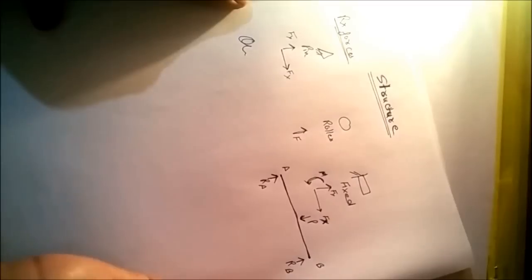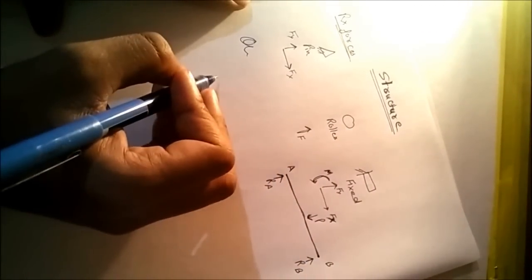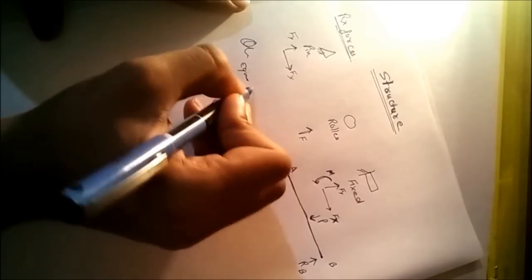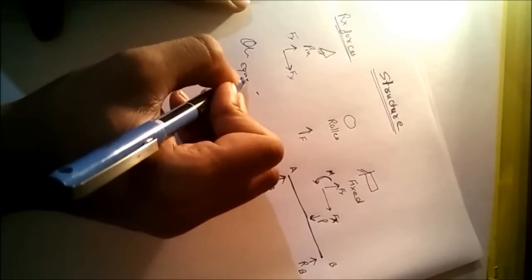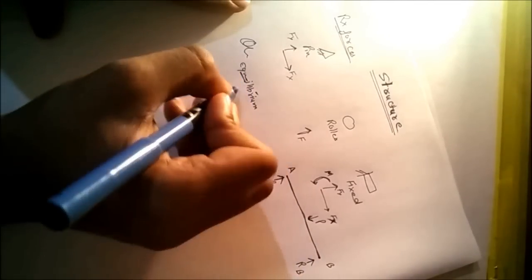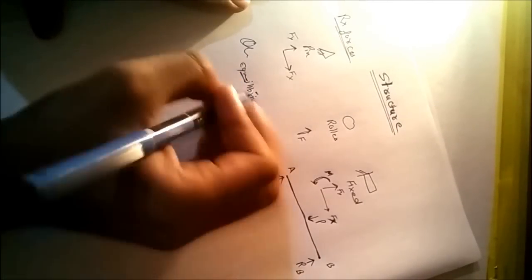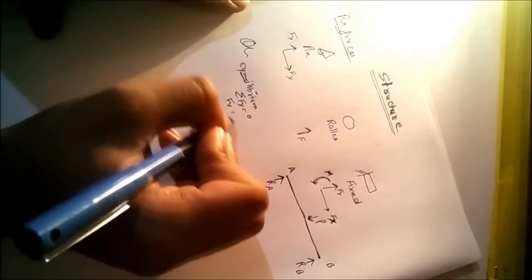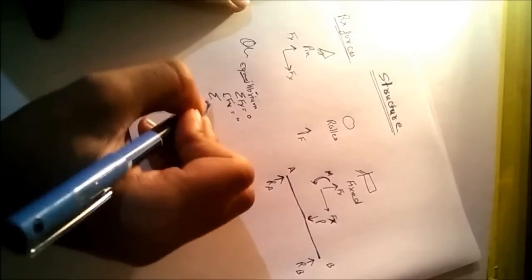We will make a free body diagram in other questions too. Now as we all know, this beam will be in equilibrium, so all forces in every direction will be 0. Means summation of Fy, summation of Fx, and moment will be 0.